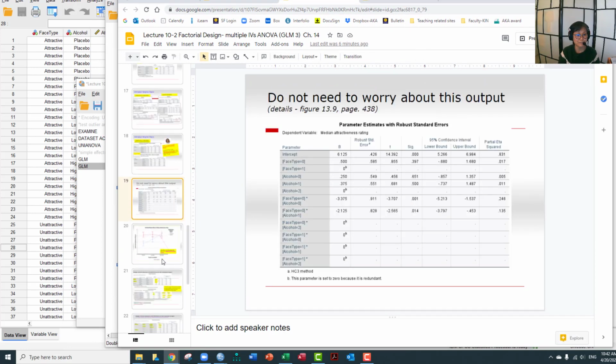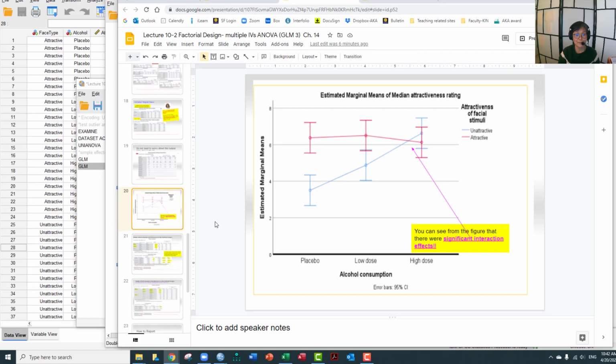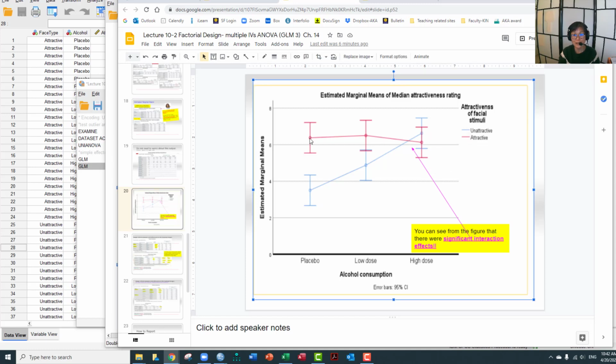This is a figure that we generated by clicking line chart, and you can see attractive faces in red, unattractive faces below, and their ratings on the y-axis.